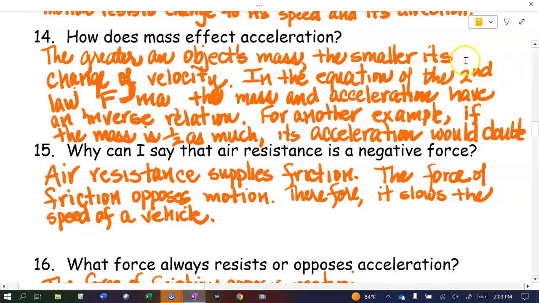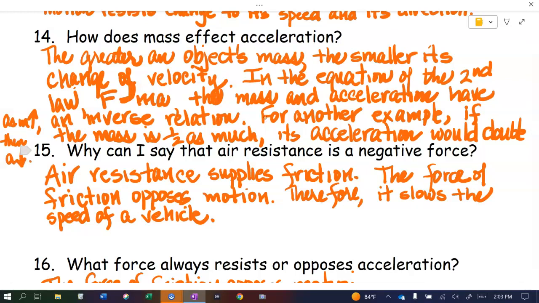So in the equation of the second law, F equals ma, the mass and acceleration have an inverse relationship. As mass increases, acceleration decreases.